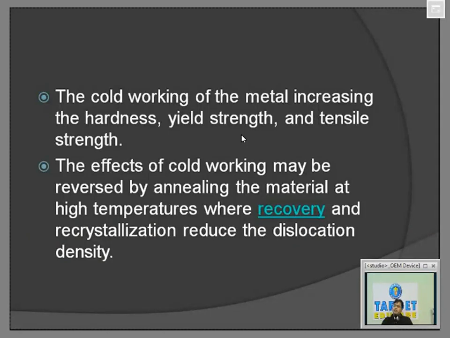Annealing heat treatment is a process of heating the alloy at a temperature of around 400 to 450 degrees centigrade. This high temperature produces recrystallization and reduces the dislocation density. So by this method, the effects of cold working are reversed.